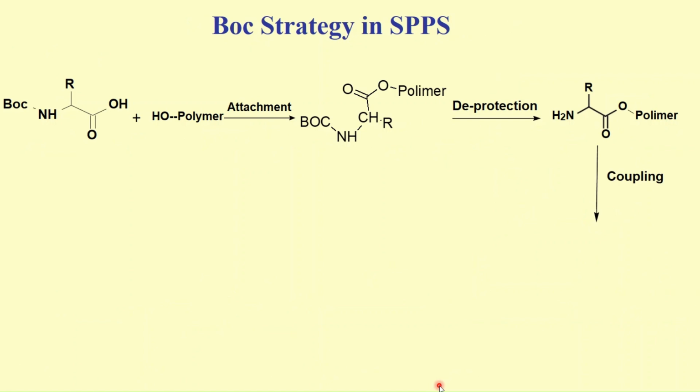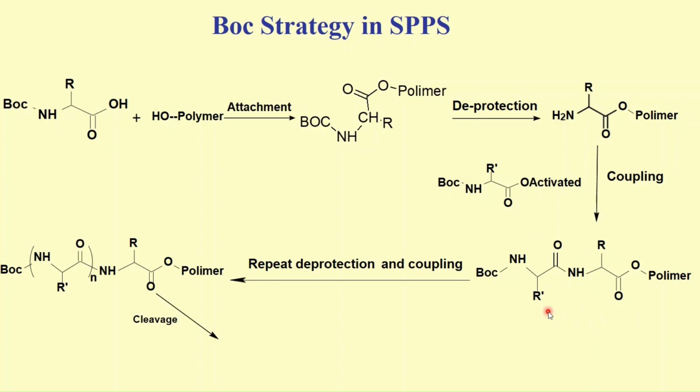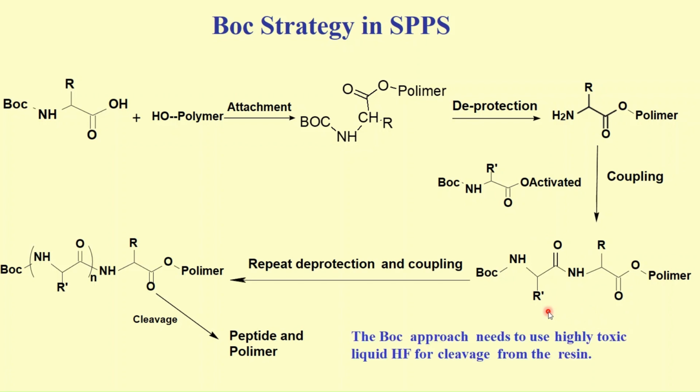The deprotected amino acid is coupled with carboxy activated amino acid and I get the dipeptide, and the process is repeated number of times and deprotected and cleaved to get the peptide or the polymer of the desired nature. The BOC approach needs highly toxic reagents like hydrofluoric acid and trifluoroacetic acid for cleavage from the resin. This is the limitation which we have here.